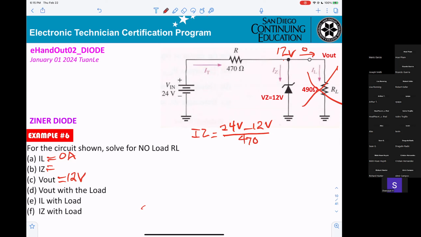Right. So that means the current goes to both the resistor and the Zener, which means in this case, I total and IZ would be the same without the load. Exactly. Okay, thank you.